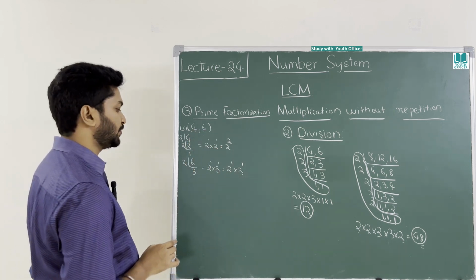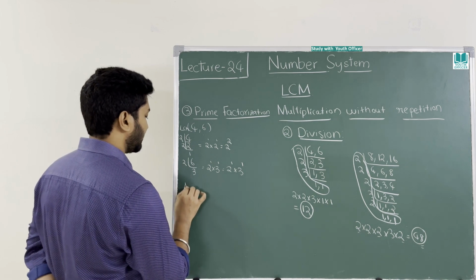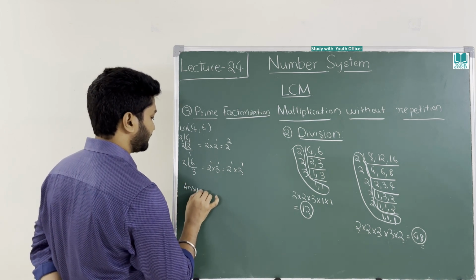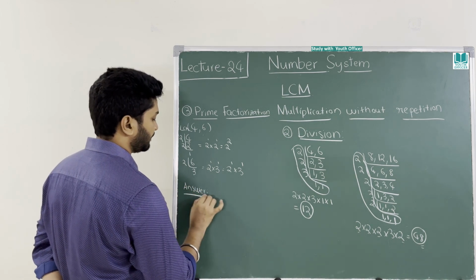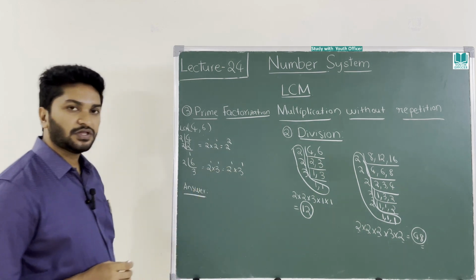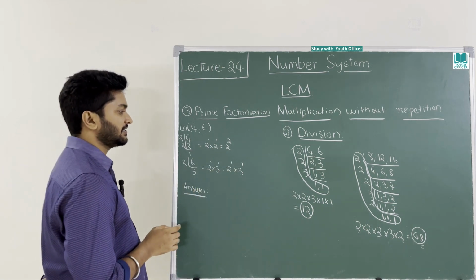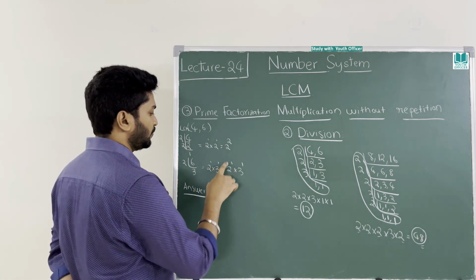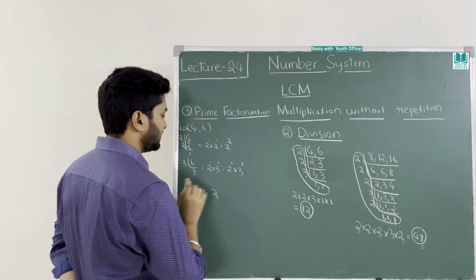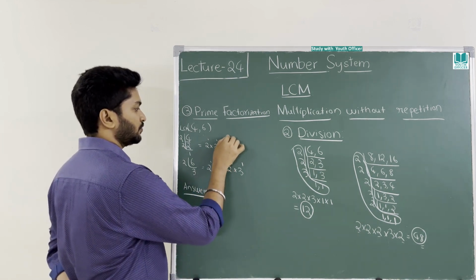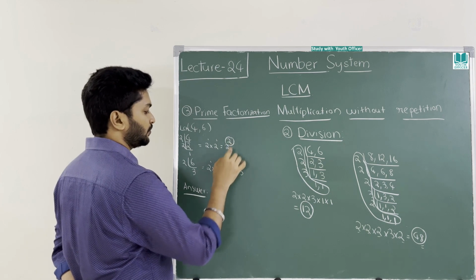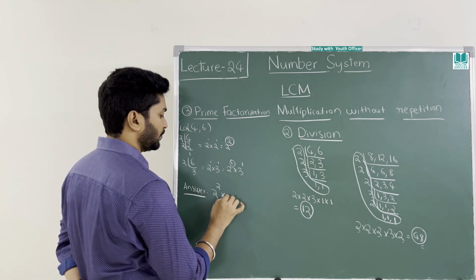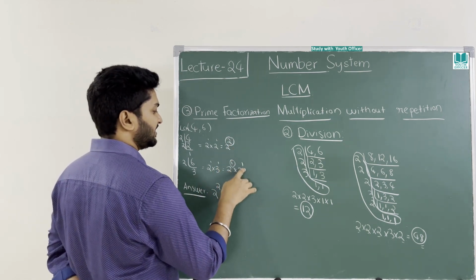Now what you are supposed to do? Once you know the prime factors, you can directly write the answer. What is the answer? 2 is there. What is the highest power? Here 2, here 1. So 2 with the highest power, into 3 with the highest power.